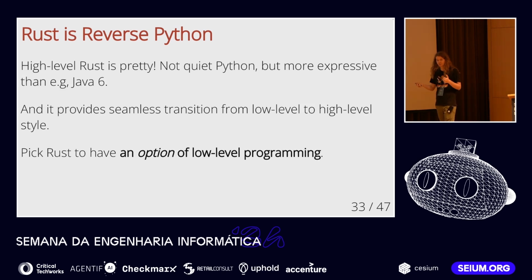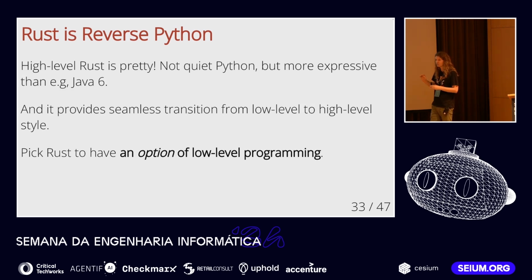Like, OK, it is not Python. I admit that. Python is more concise and more readable than Rust. But it isn't at the same time completely unusable. It's definitely better than Java 6, the language we used 10 years ago for writing high-level applications. So with Rust, you get the situation where you could write most of your application in high-level Rust and not worry about performance.